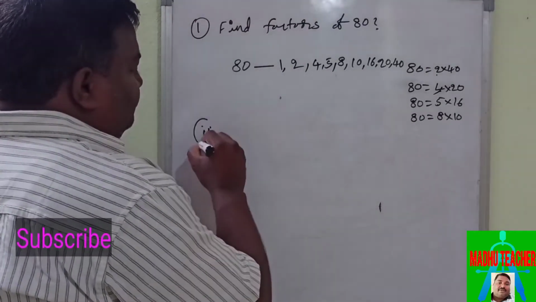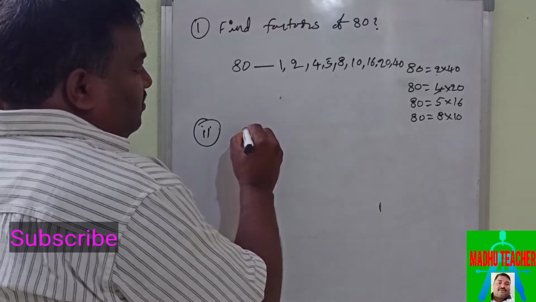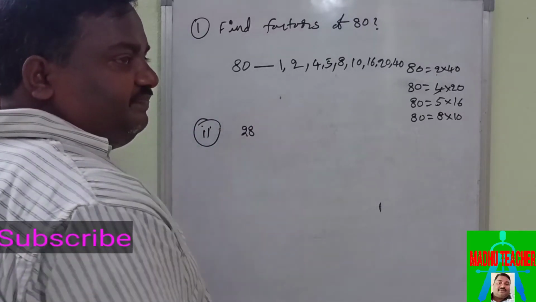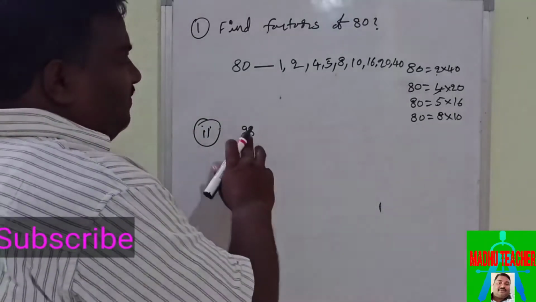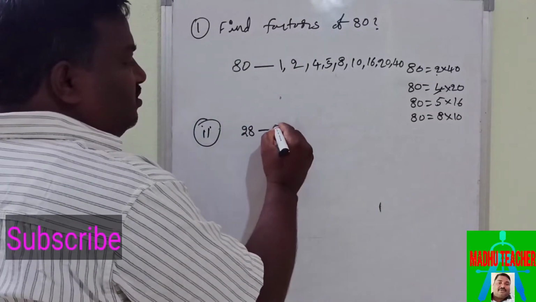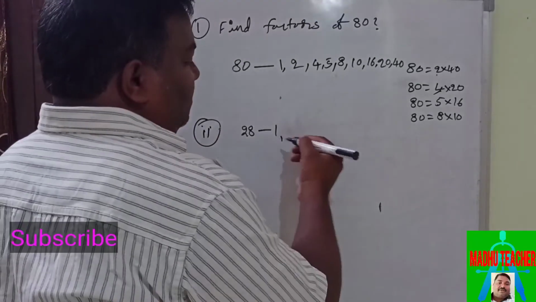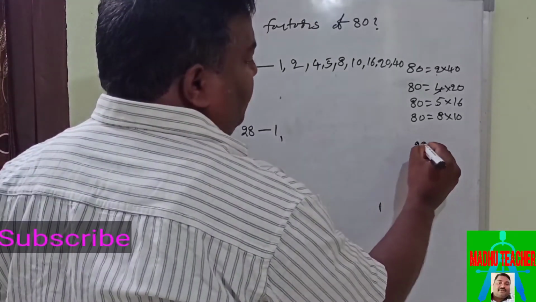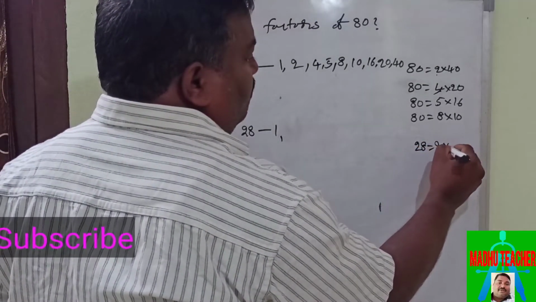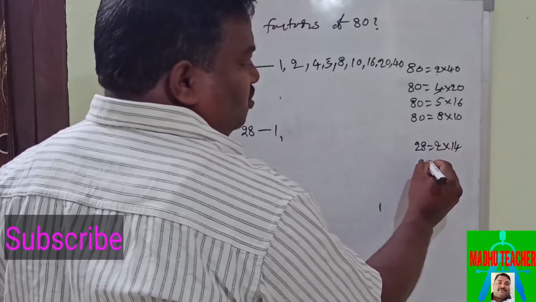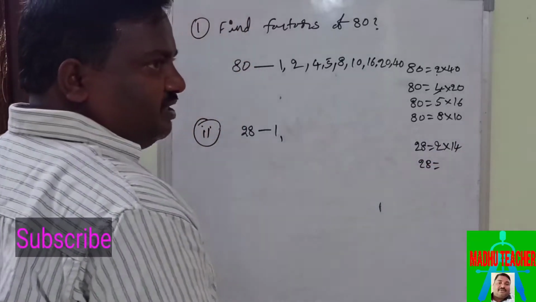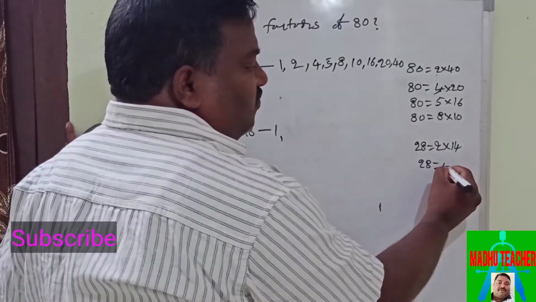So taking 28, first of all find the factors of 28. 1 is a factor of every number. Next, 28 you can write as 2 into 14. 28 you cannot write as 3 into something. 28 you can write as 4 into 7.